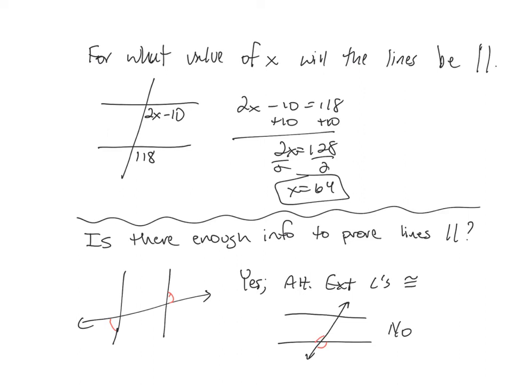So if they use numbers, you're allowed to make conclusions. So if you had a problem like this, and it said that this one was 85 degrees, and this one was 105 degrees.